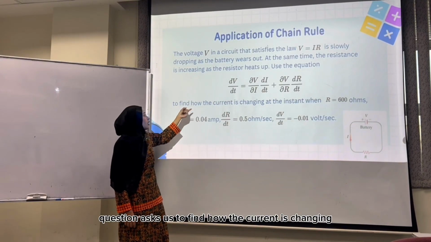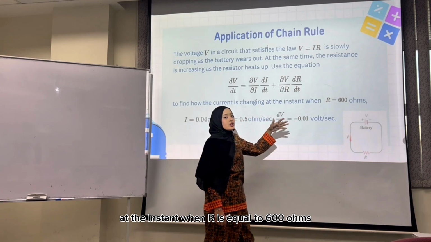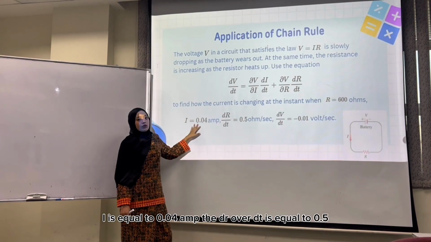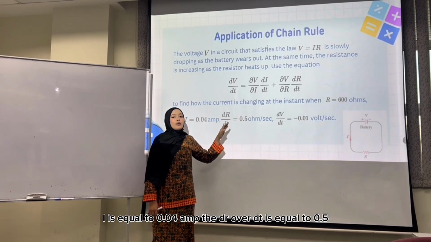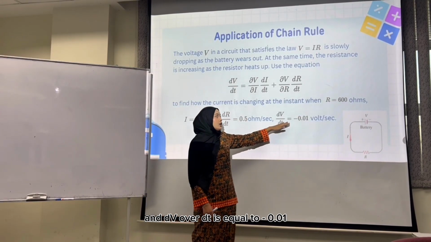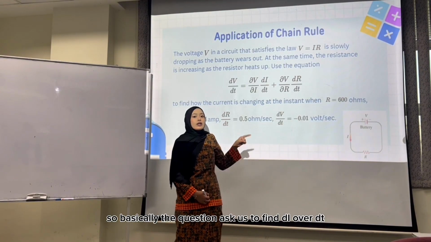The question asks us to find how the current is changing at the instant when R is equal to 600 ohms, I is equal to 0.04 amps, dR over dt is equal to 0.5, and dV over dt is equal to negative 0.01. So basically, the question asks us to find dI over dt.